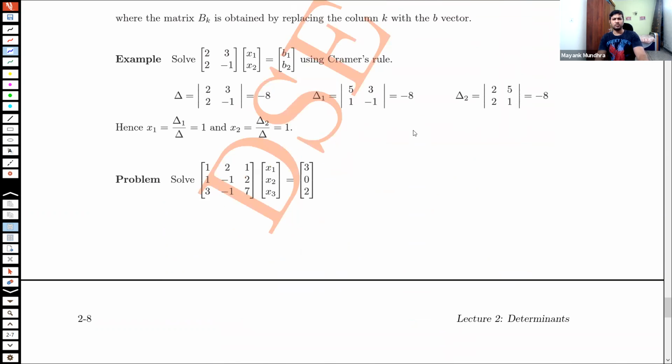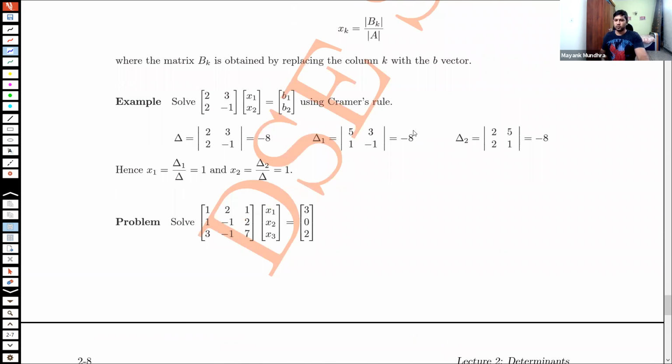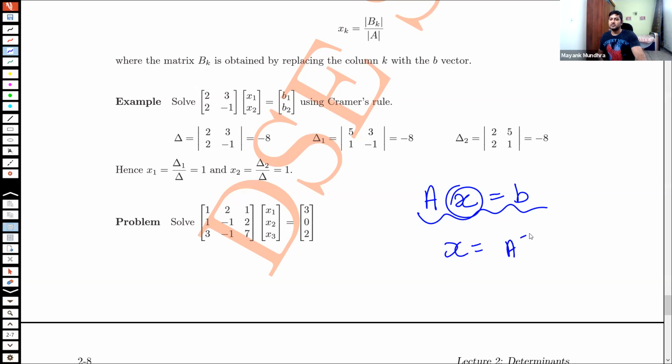Then there's another problem here. Now A inverse, where do I use A inverse? Suppose I'm solving the system of equations Ax equals B, and suppose it has a unique solution. Then the solution X will always be equal to A inverse times B. Because if I multiply by A inverse on both sides, this thing becomes A inverse times A, which is the identity matrix.